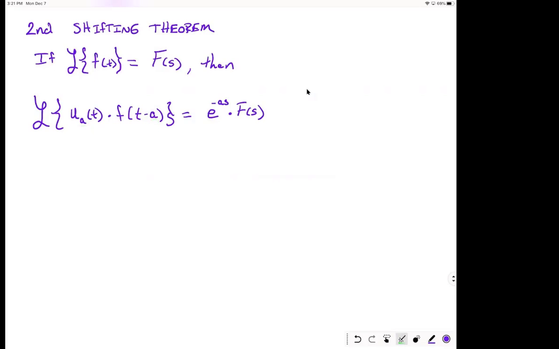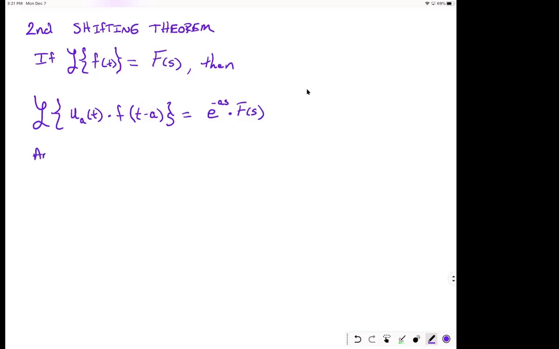And so often when we are doing our simplification, we're working towards that goal to have a function f of t minus a lining up with our u sub a. And so how much simplification we need to do is often dictated by getting things into that form.